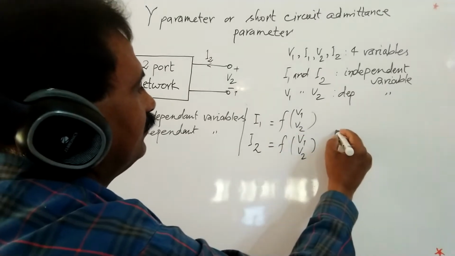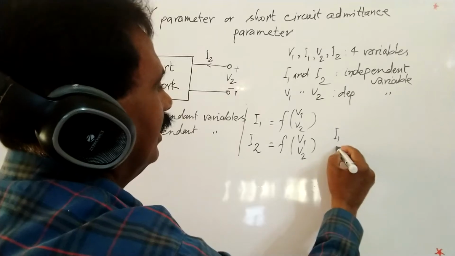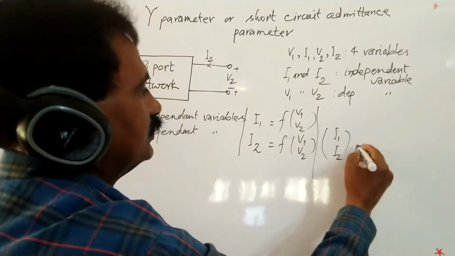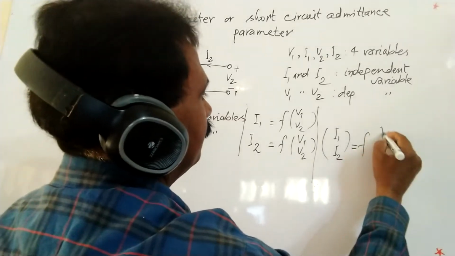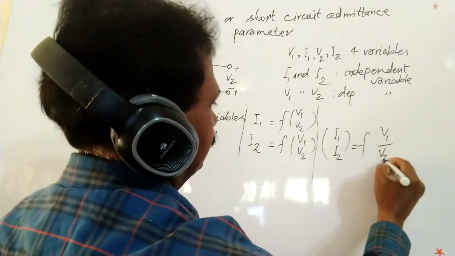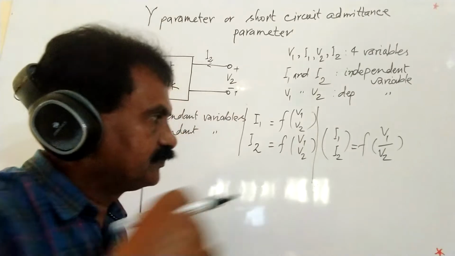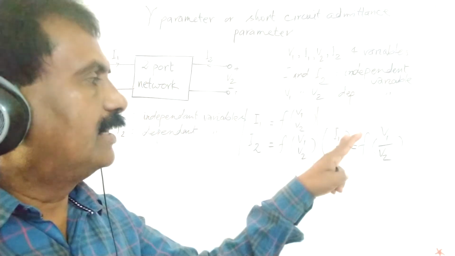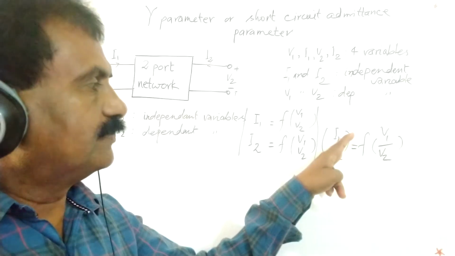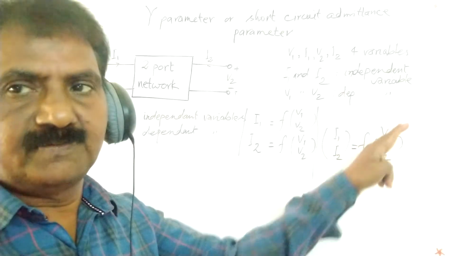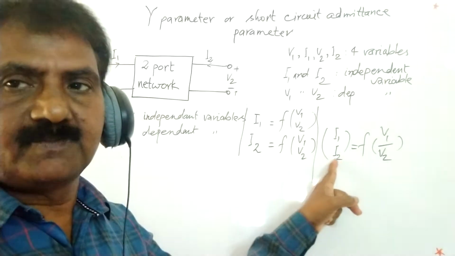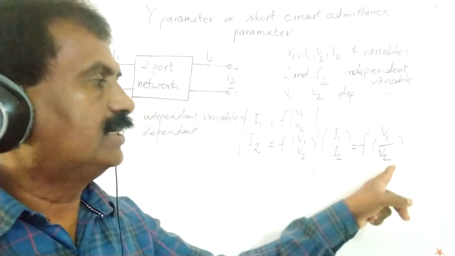Therefore I1 and I2 are functions of V1 and V2. Similar to the previous case, we can represent I1 in terms of V1 and V2, and I2 can also be represented in terms of V1 and V2.